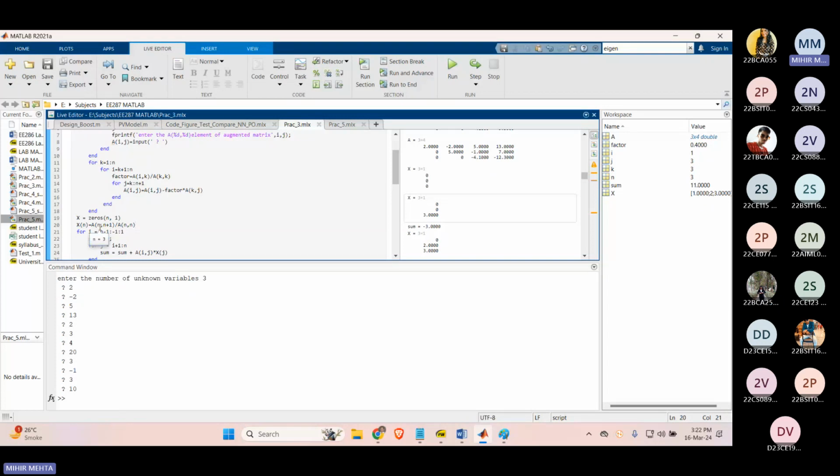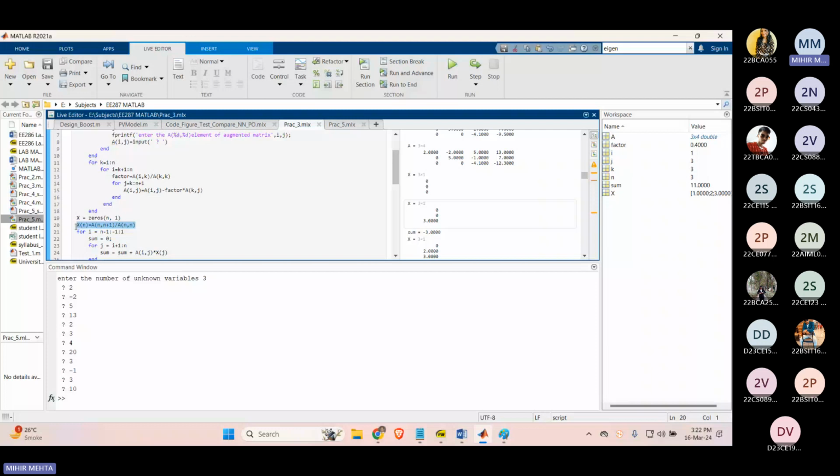So a of 3 comma 4, that is minus 12.3 divided by a of n comma n, that is minus 4.1, would give me my answer as 3. Is this clear? This is how this particular line is being calculated.